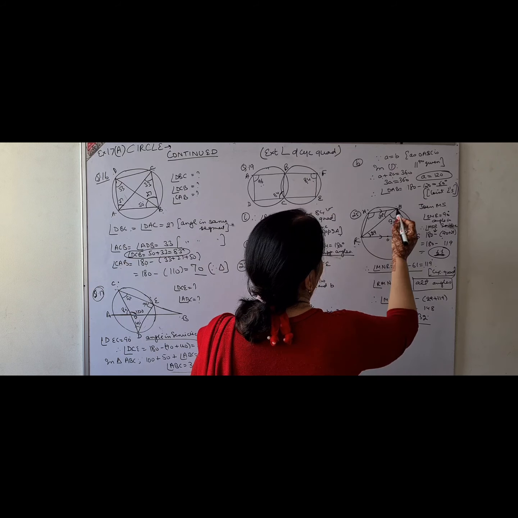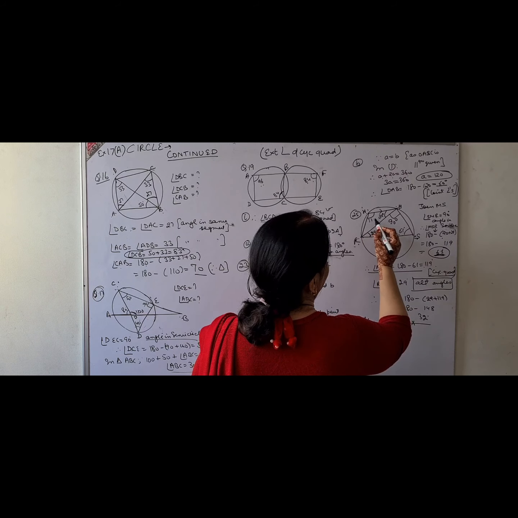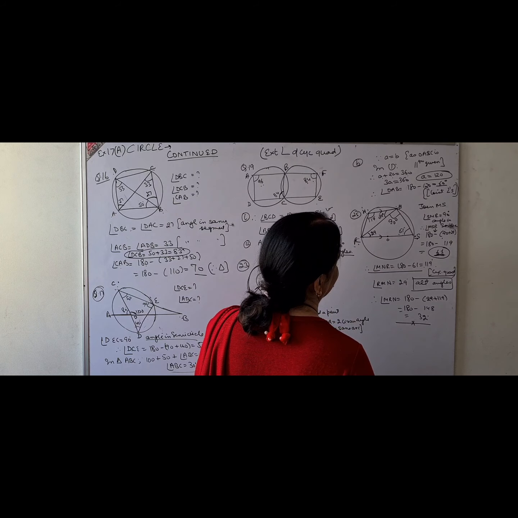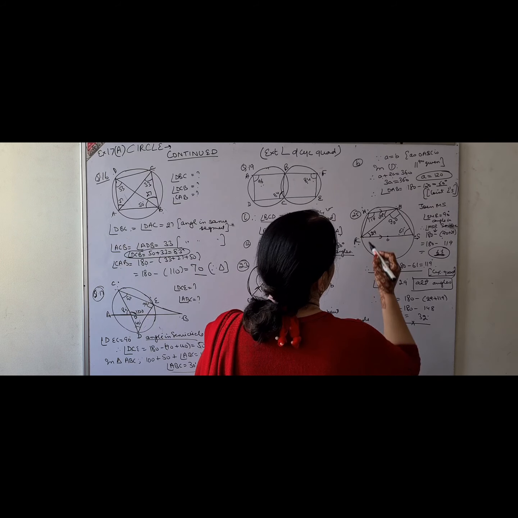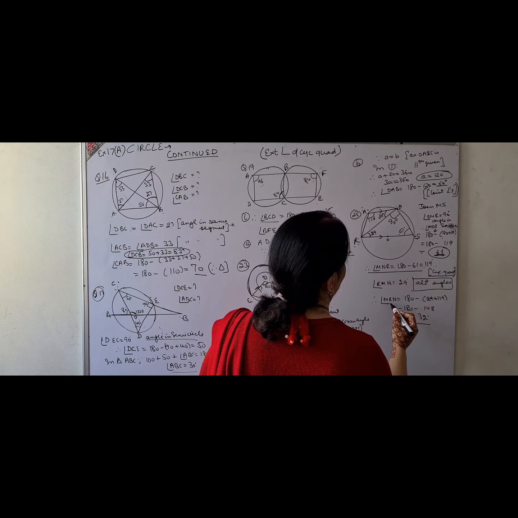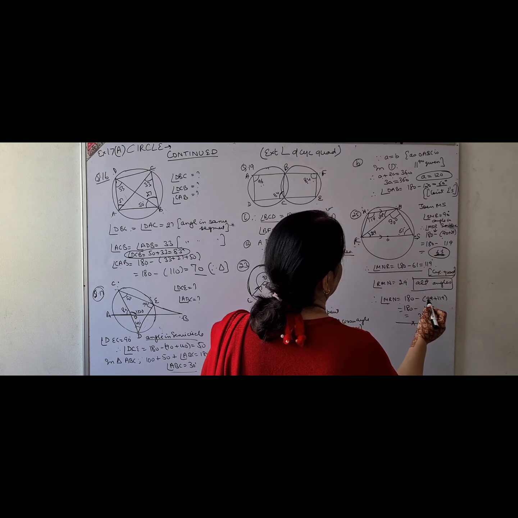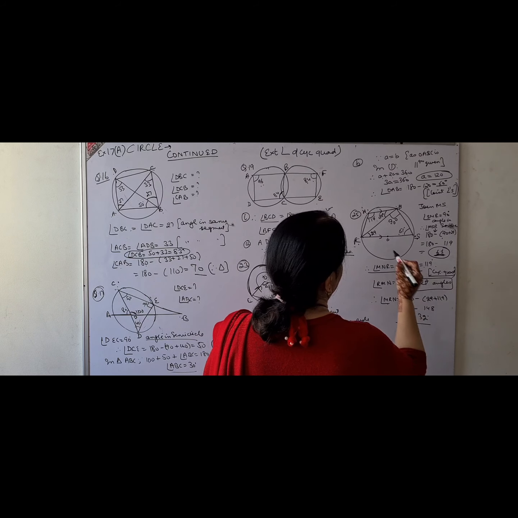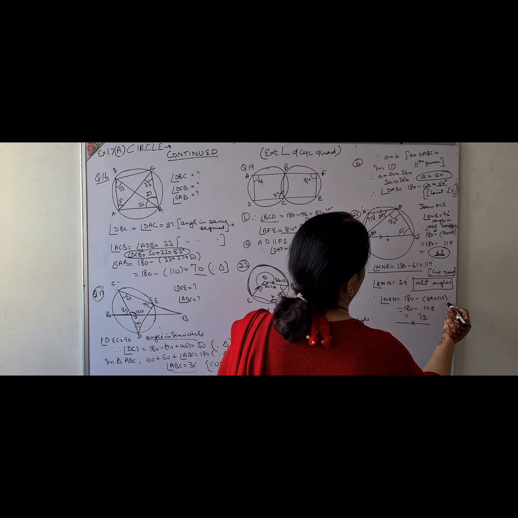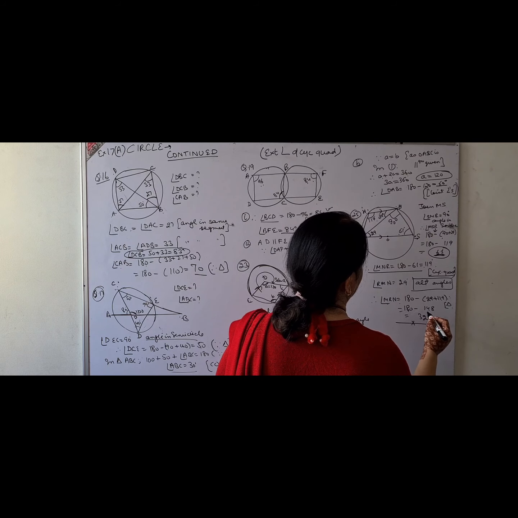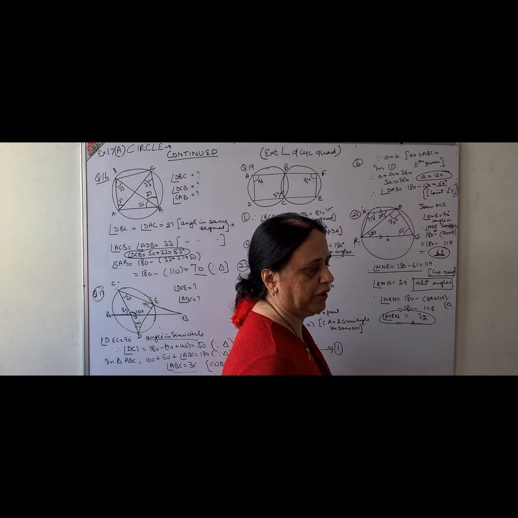To find MRN, this you already know, you have found out 119 beforehand. And of course, this MRN will be 180 minus 29 plus 119, because of the angle sum property of a triangle. So 180 minus 148, this is 32. MRN is equal to 32 and that is your required answer.